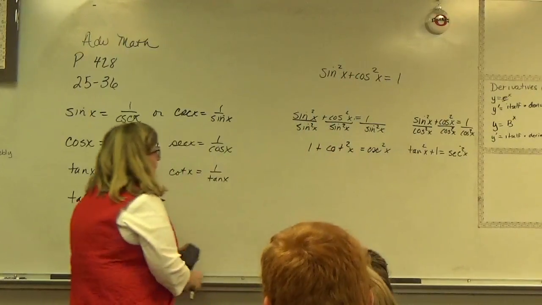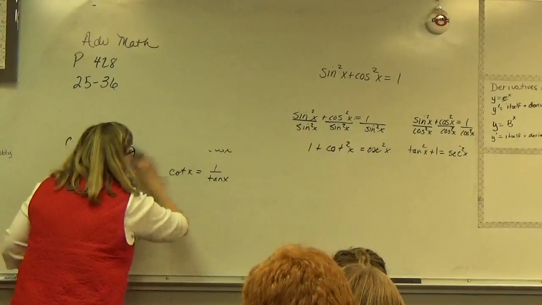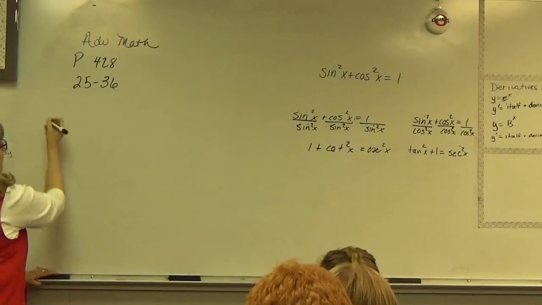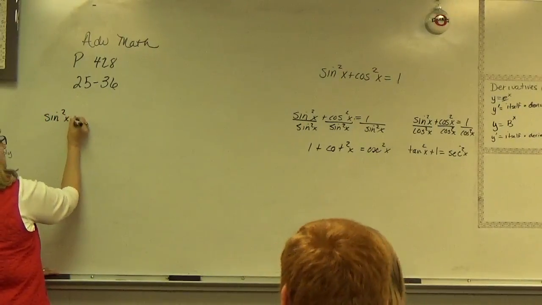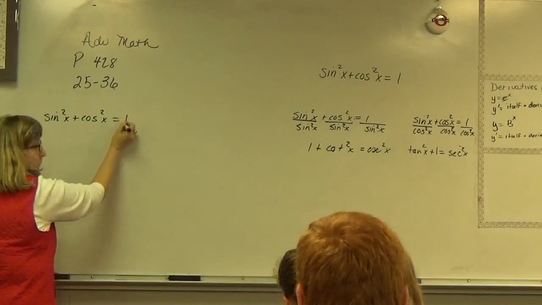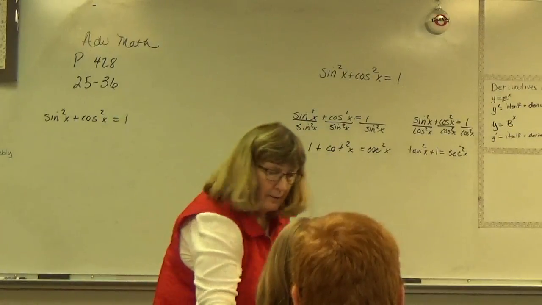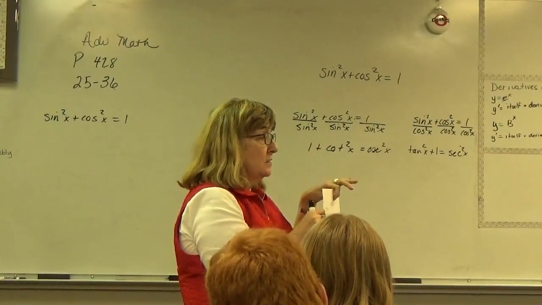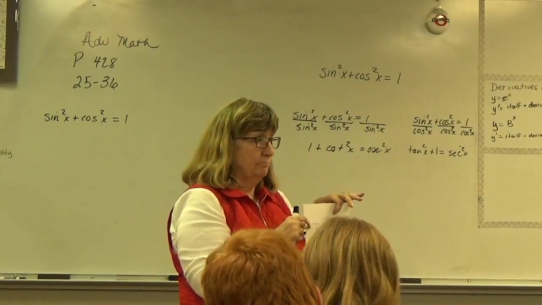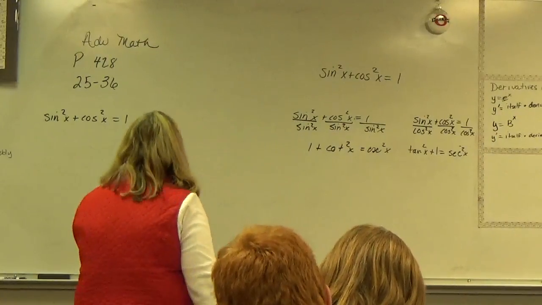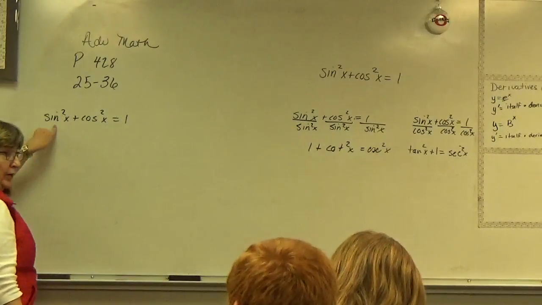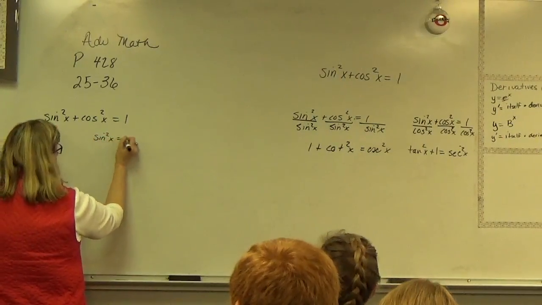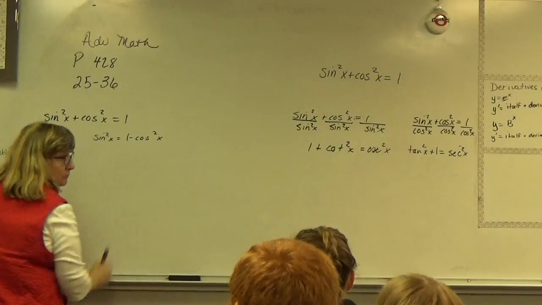Okay, now, you might want to write this down on that sheet of paper. There are 2 other ways to write sine squared plus cosine squared equals 1, right? I could solve for sine squared. So if I solve for sine squared, isn't that 1 minus cosine squared?